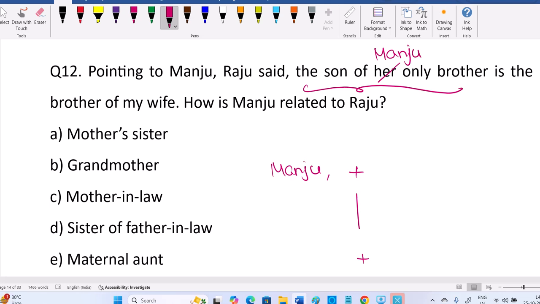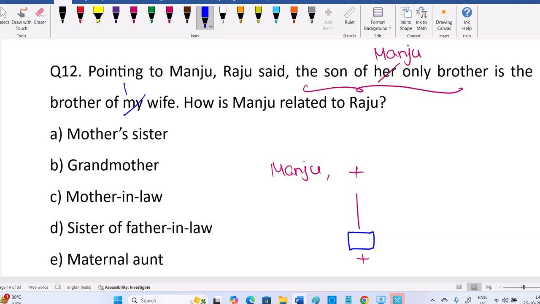Next, this person, who is Manju's brother's own son, is the brother of my wife.